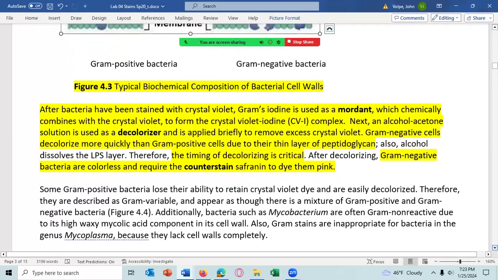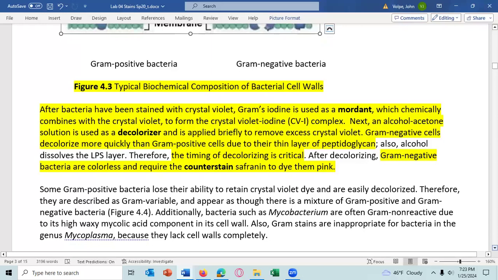All right, so in the gram stain, cells are stained first with the crystal violet, and it will stain the cells a bluish purple color. We then apply Gram's iodine. And Gram's iodine is a mordant here.